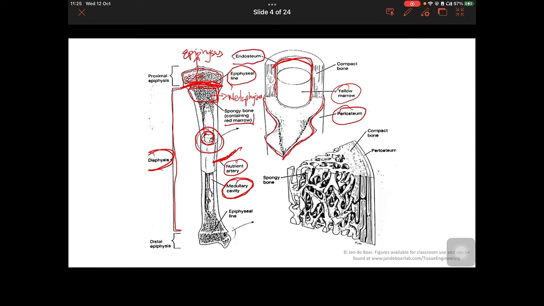And the walls that make the bone strong are basically made of compact bone, or the other name is cortical bone, which you can see here, right?